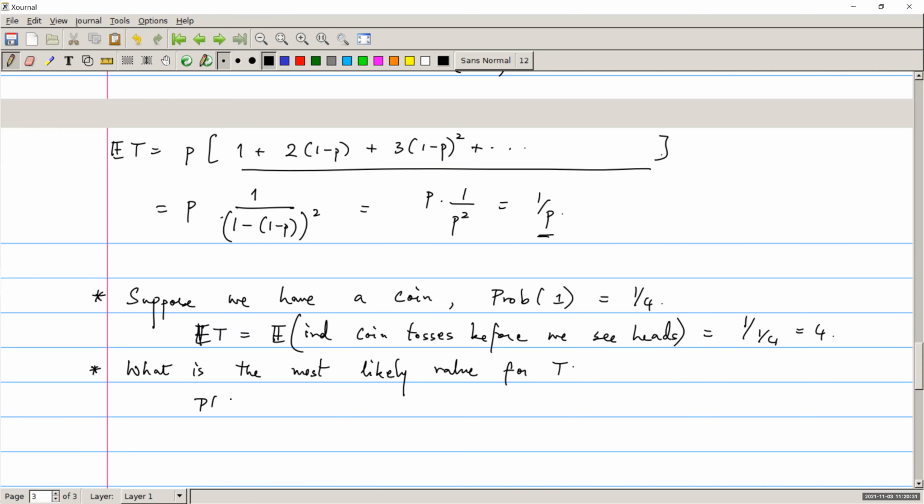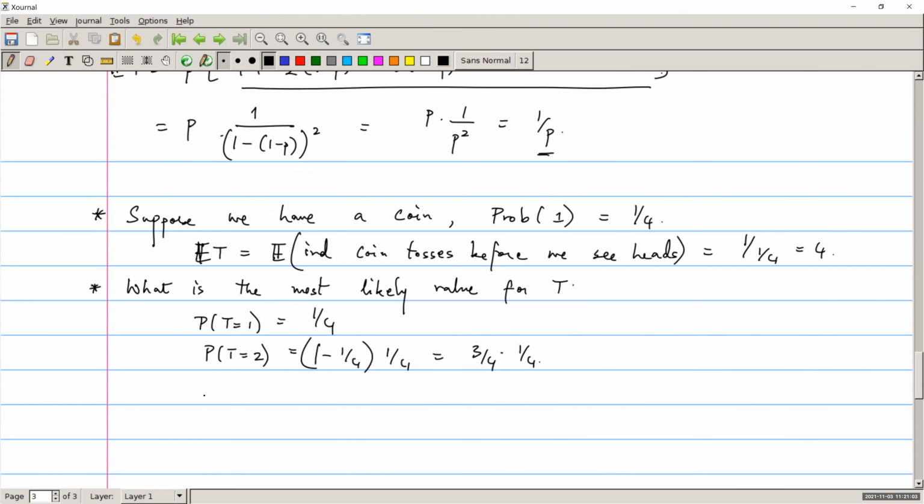What's the probability t equals 1? 1/4 in this case. What's the probability t equals 2? Not 1/2. It is 1 minus 1/4 times 1/4, which is 3/4 of 1/4. This is the probability t equals 2.